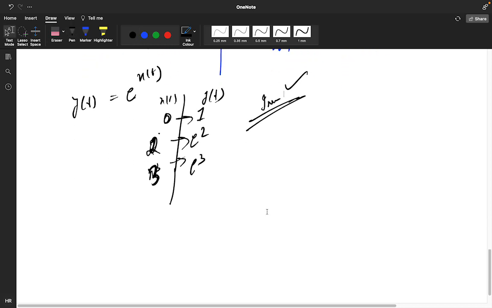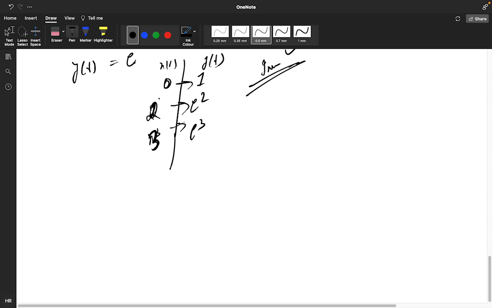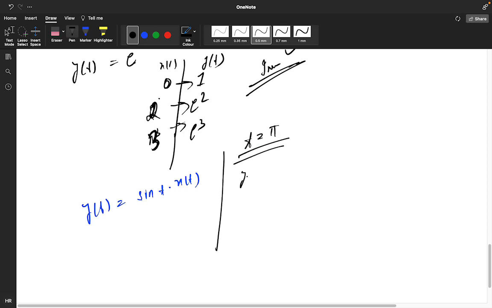So you need to say about this. y of t is equal to sin t times x of t. Invertible or non-invertible? You know, if t value is pi, then y of pi will be 0. If t value is 2 pi, again y of 2 pi will be 0 only.